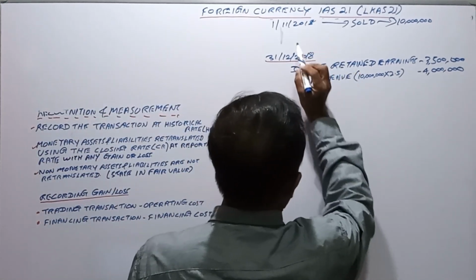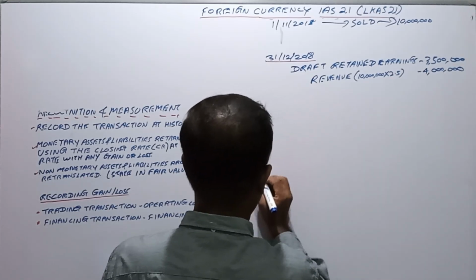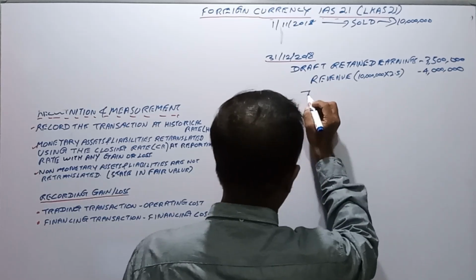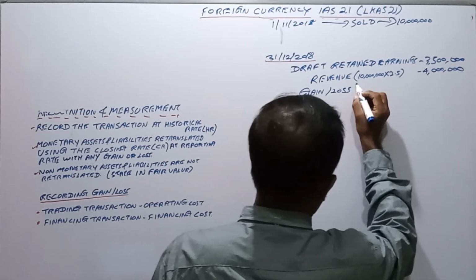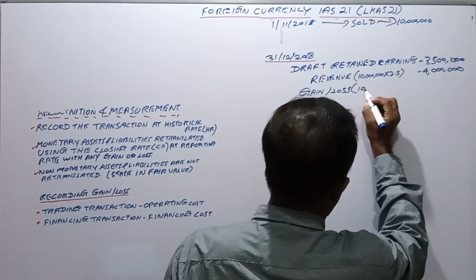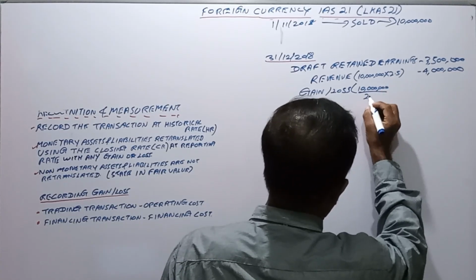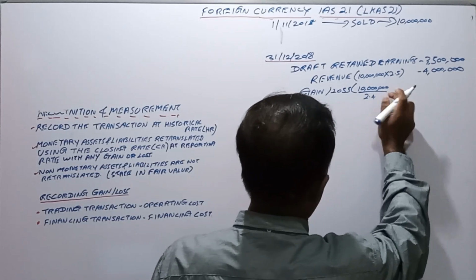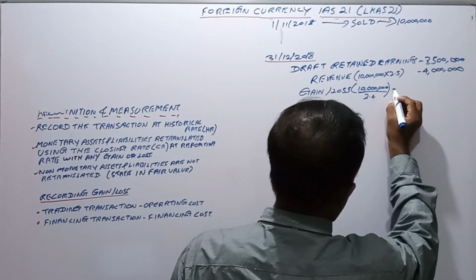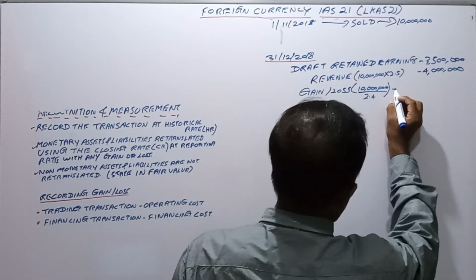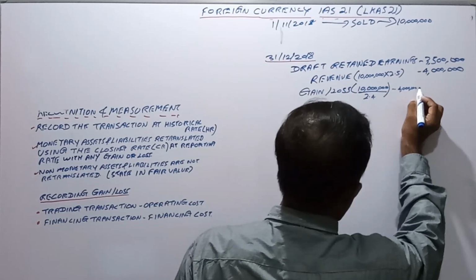So gain or loss, that is closing rate 10 million divided by 2.4 minus 4 million.